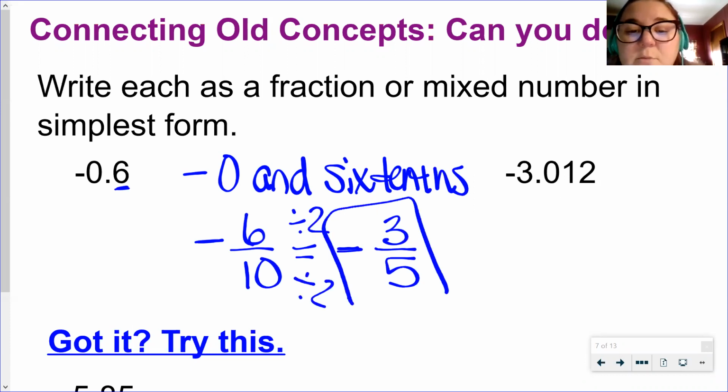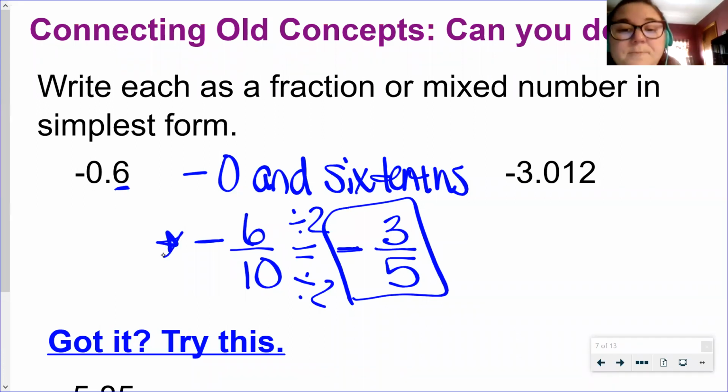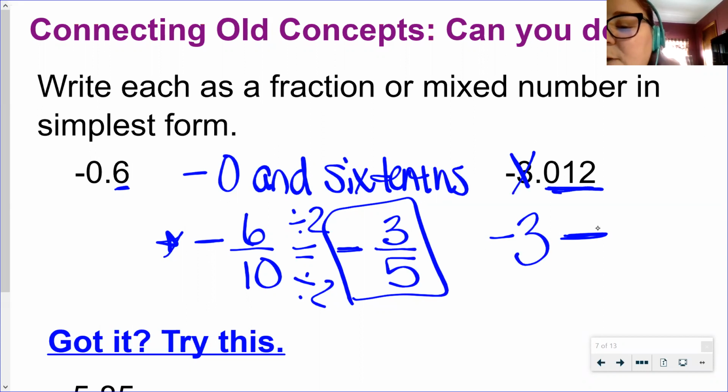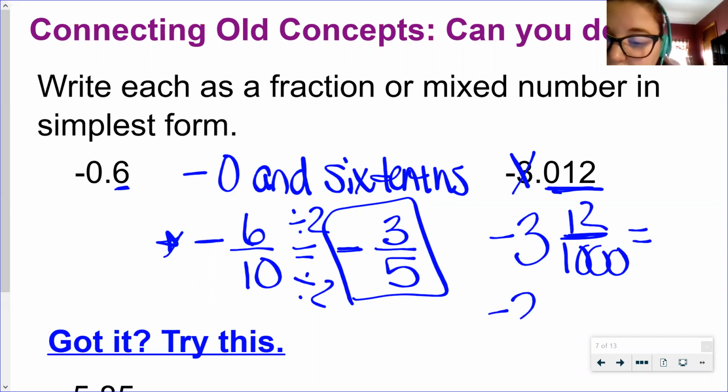Do not forget to bring Mr. Negative. That's why kids miss this. Okay, how do you write this one? Again, it's very easy. I would say it as negative 3 and, so I took care of that. That's the whole number part. And then how do I say this? That would be 12 what? Thousandths. So this would be negative 3 and 12/1000.